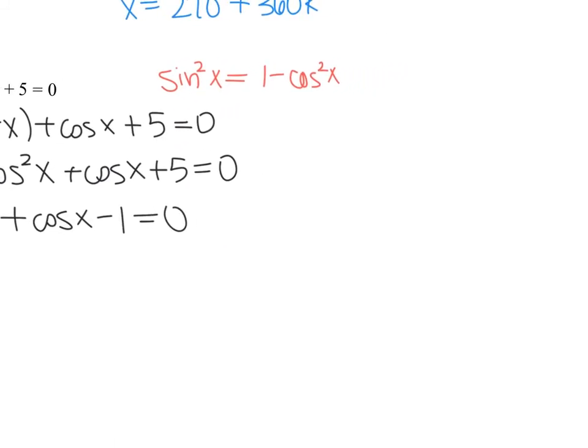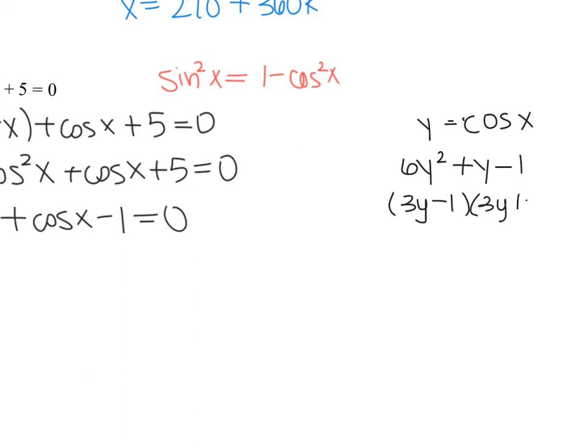If I want to factor it, we let y equal cosine of x. So we have 6y squared plus y minus 1. When we factor this quadratic, it factors as 3y minus 1 times 2y plus 1.